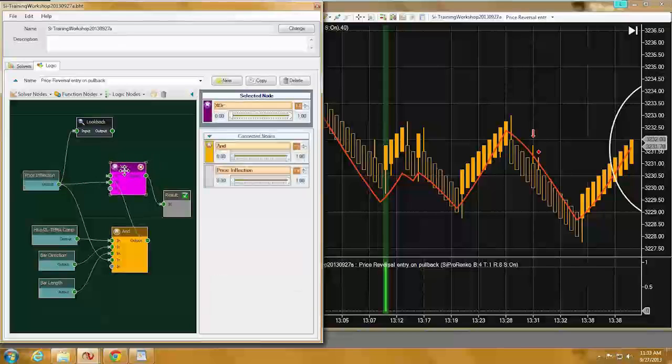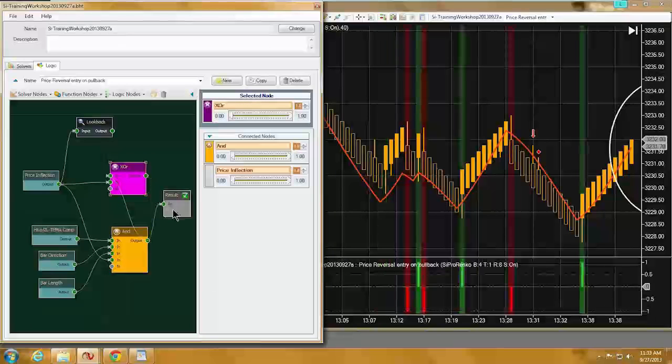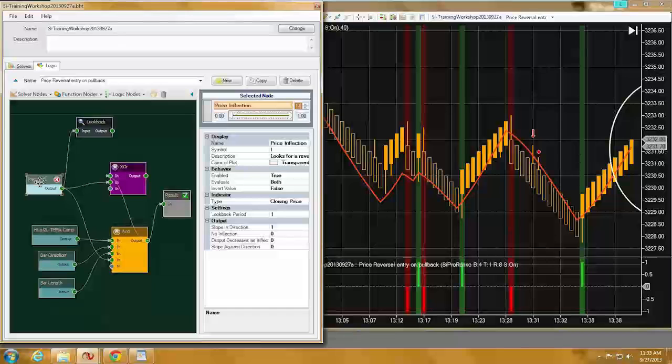Okay, so that logic's not working either. Let me rethink this here. Oh, it's not working because I didn't set the price inflection back up correctly. Remember, I need to put my Lookback period to 5.